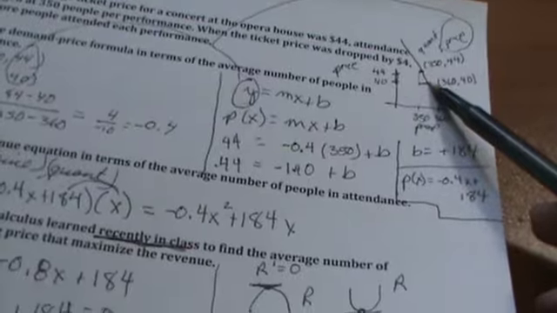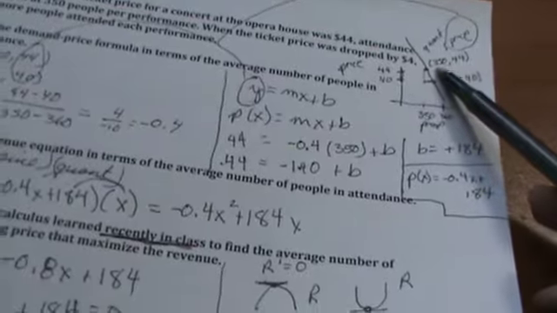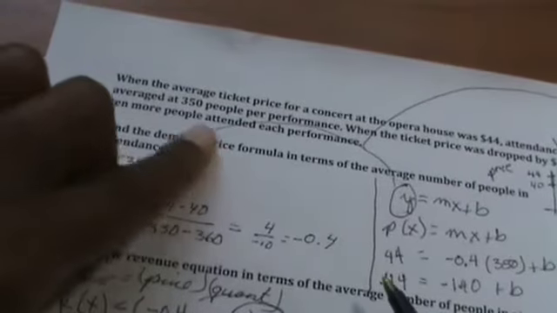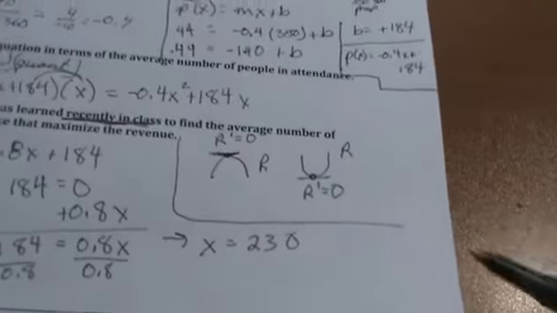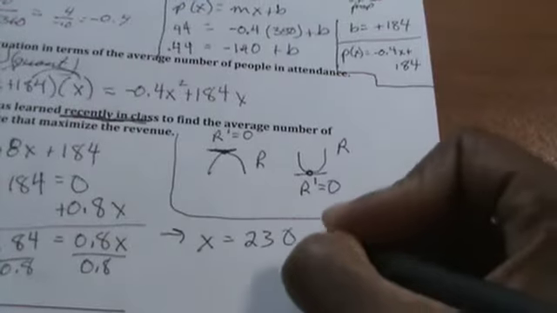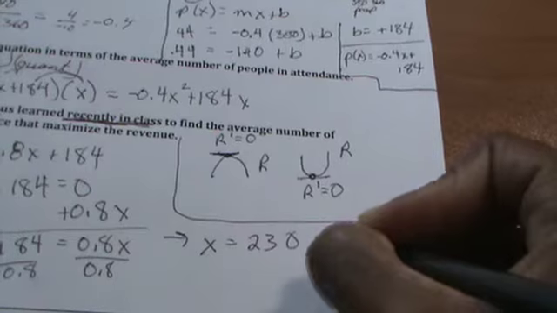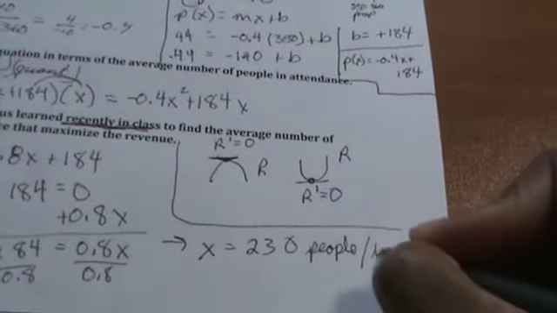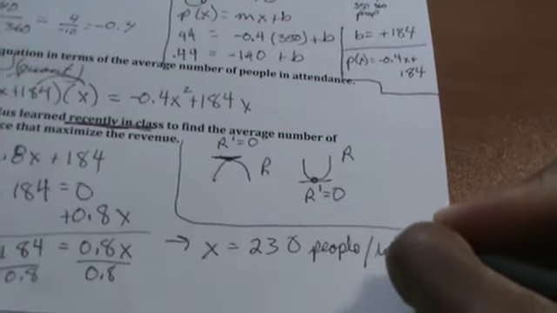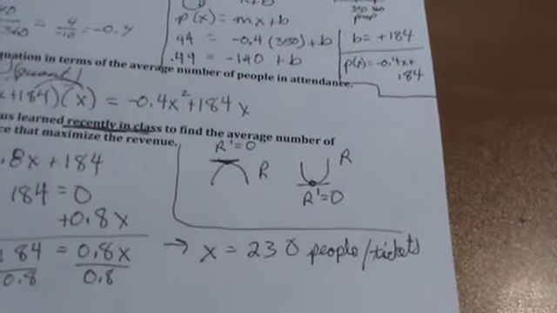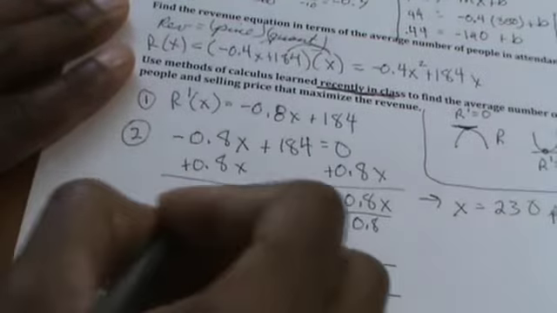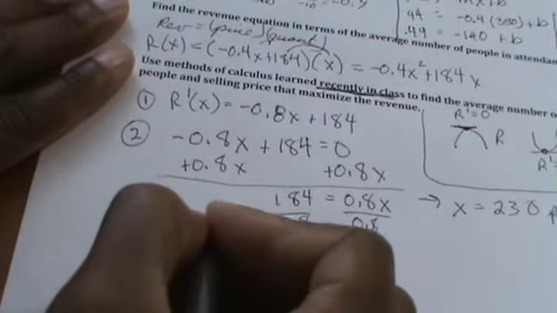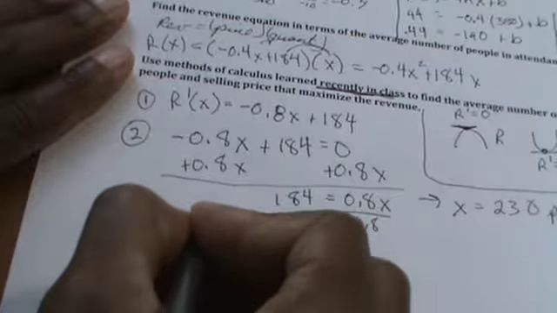In this case, when we were talking about 350, if you go over to your problem, it says 350 people. So here, you should be writing people, or tickets. The tickets would be sold to the people. So over here, where it says the number of people, 230, I don't know why I said 250, 230 people.